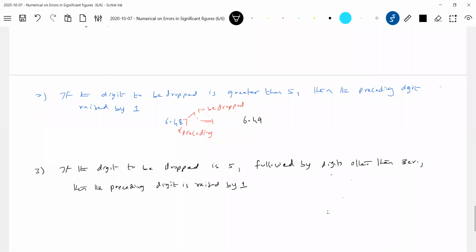Okay, this one: if the digit to be dropped is 5, followed by digits other than 0, then the preceding digit is raised by 1.